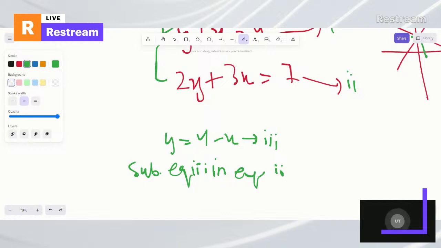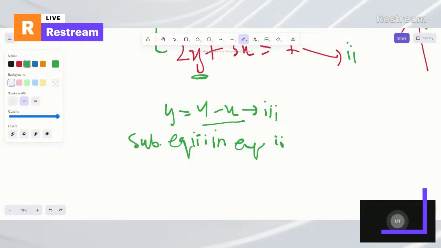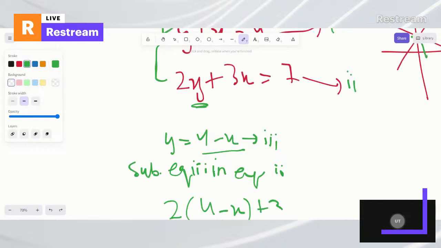In place of y in equation 2, we're going to write 4 minus x, because y equals 4 minus x. So we get 2 multiplied by (4 minus x) plus 3x equals 7.